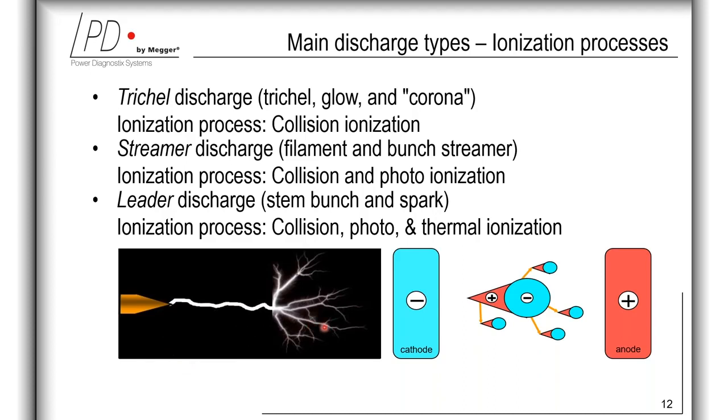So again, with a certain current density in the discharge channel, and additionally thermal ionization contributing to the generation of free electrons, the discharge then changes into the leader discharge, covering the stem, bunch, and spark-like discharges. The leader discharge is regarded as the strongest partial discharge mode just before breakdown. In air, leader discharge can only be maintained in case of a strongly inhomogeneous electric field and with comparably large distances.